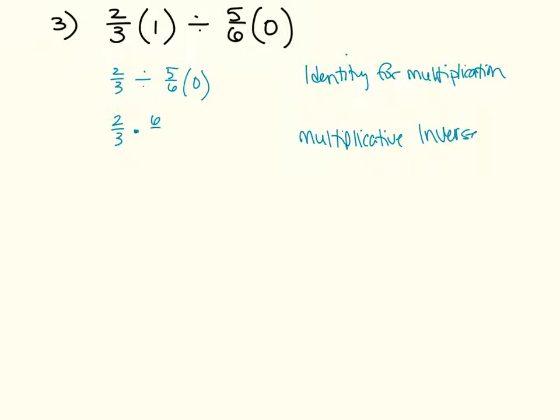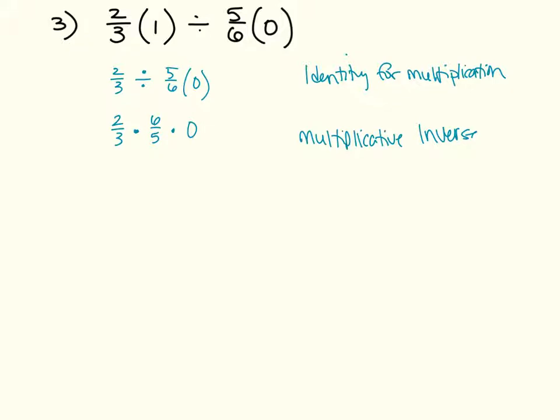So this will become 6 over 5. And then, of course, multiplying by 0. So now that everything is multiplying, anything times 0 will be 0. That's why I changed the division to multiplication, so that we can see that anything multiplying by 0 will end in 0.